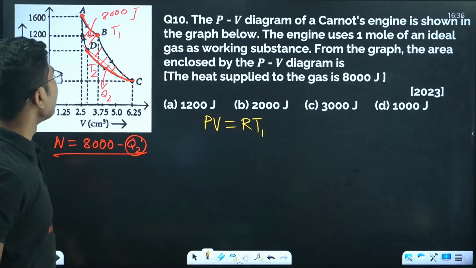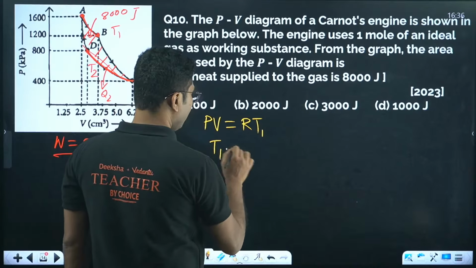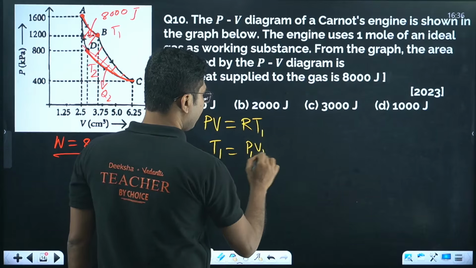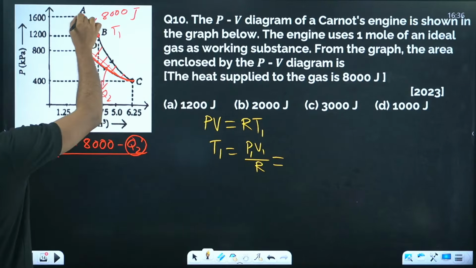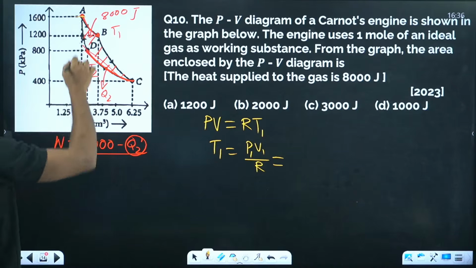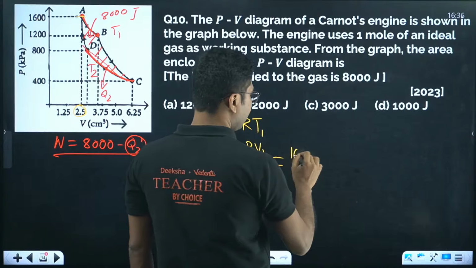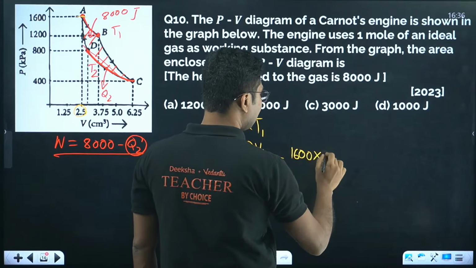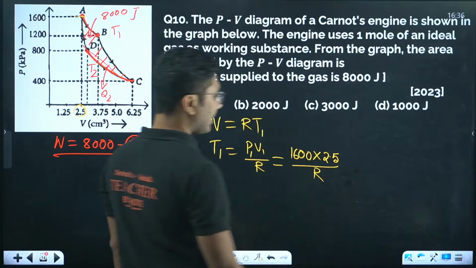So temperature T2 means what? T1 equals P1 V1 by R. What is P1? If you see at this point, P1 is 1600. What is V1? V1 is 2.5. Unit does not matter because it will eventually cancel. So we will keep the unit as it is, and even R does not matter here as well.